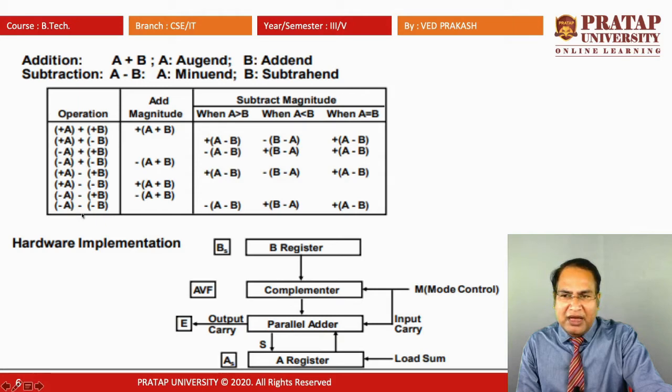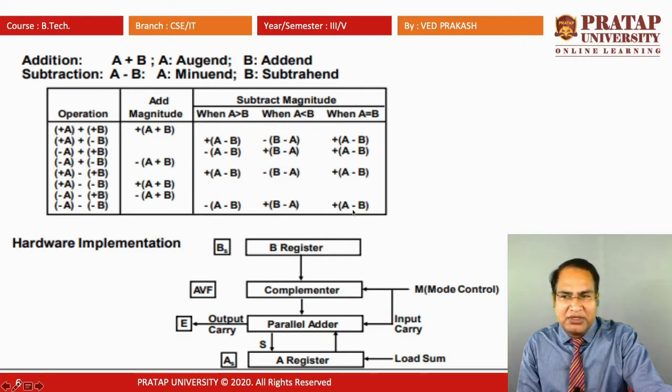And if both are negative and we want to perform the subtraction operation, in this case we again apply three conditions. If A is greater than B, we get the negative magnitude. If A is less than B, then we get the positive magnitude, and if both are the same, then we get the positive magnitude.